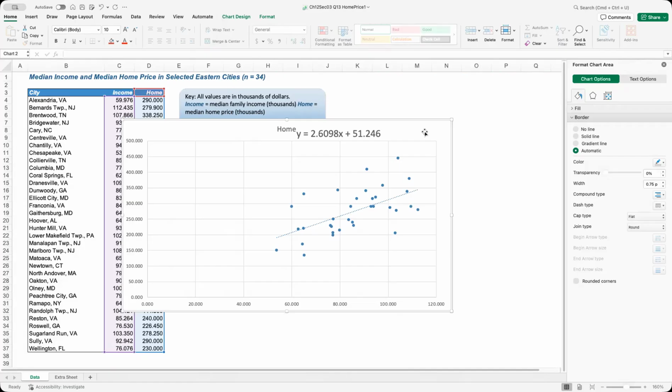And the run units, that information is right up there in that blue box. The run units are income, also measured in thousands of dollars. So what does this mean? It means for every additional $1,000 of median income, home prices do what?